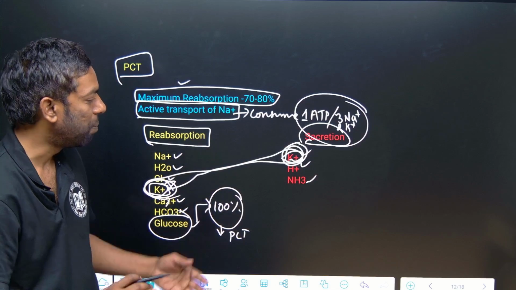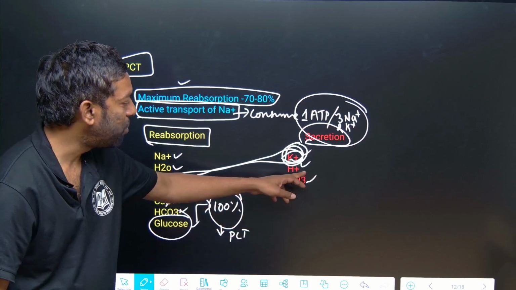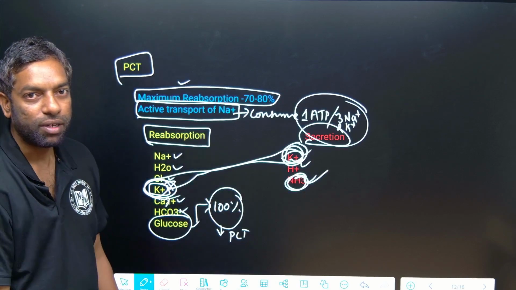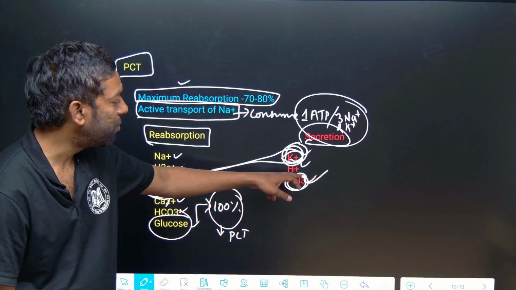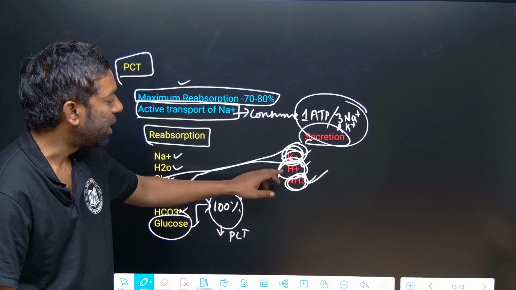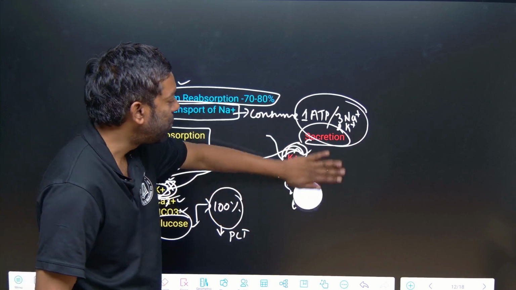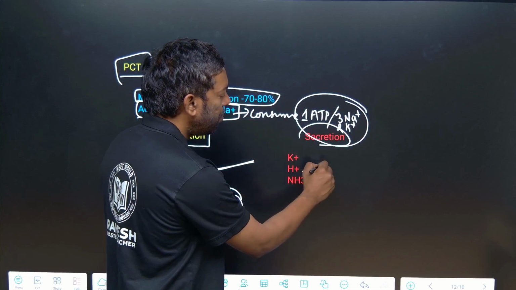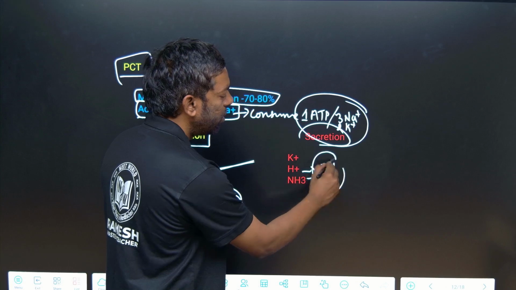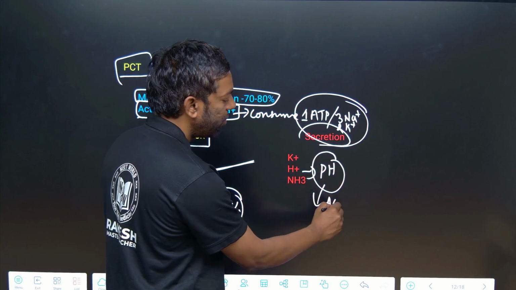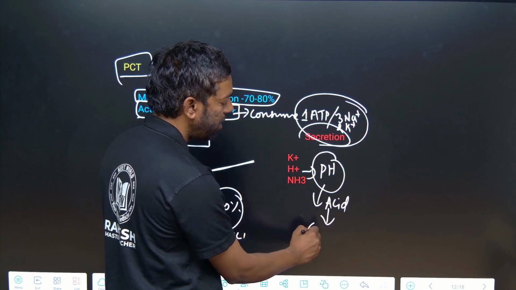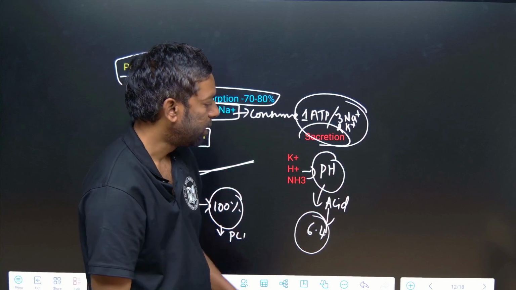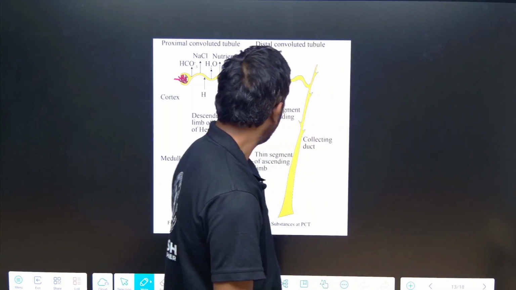This is important. Hydrogen secretion takes place to maintain the acidic pH value of urine, which is 6.4, guys.